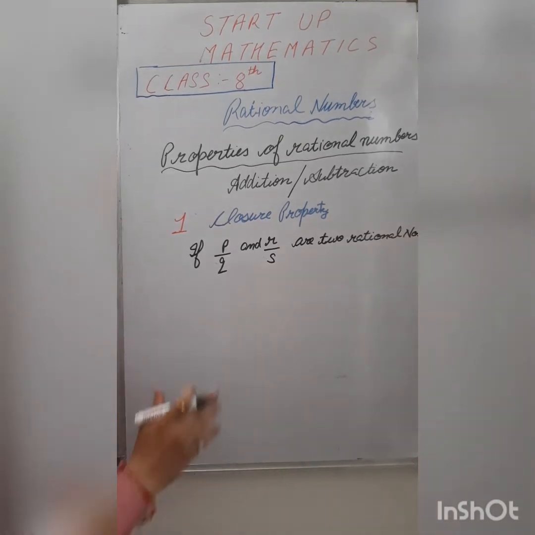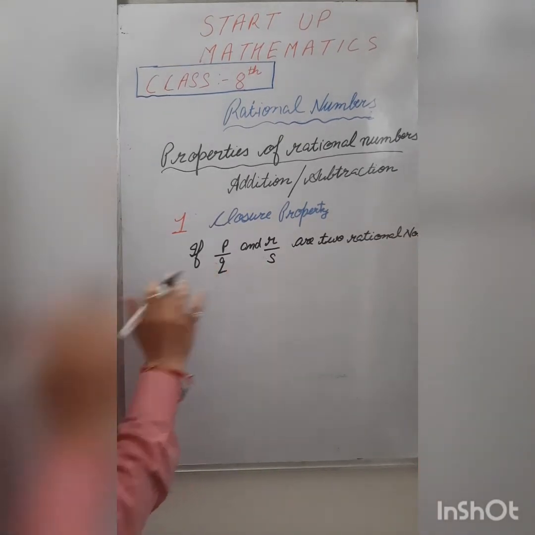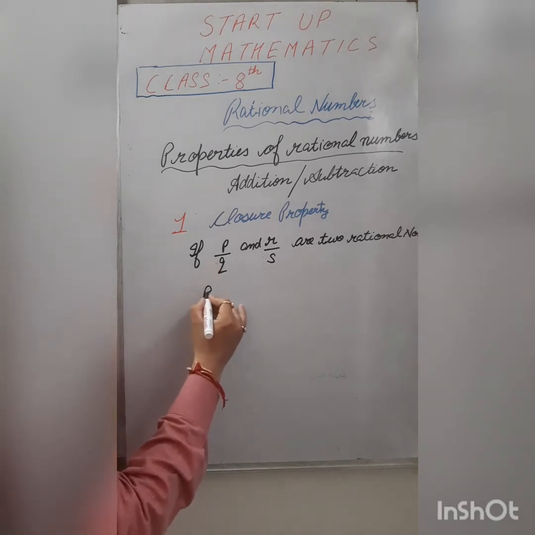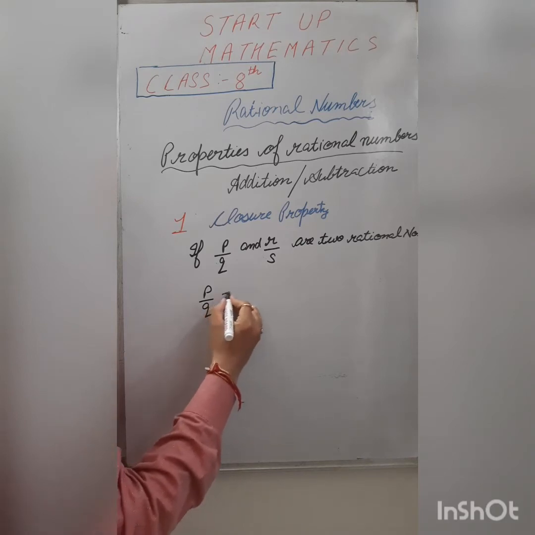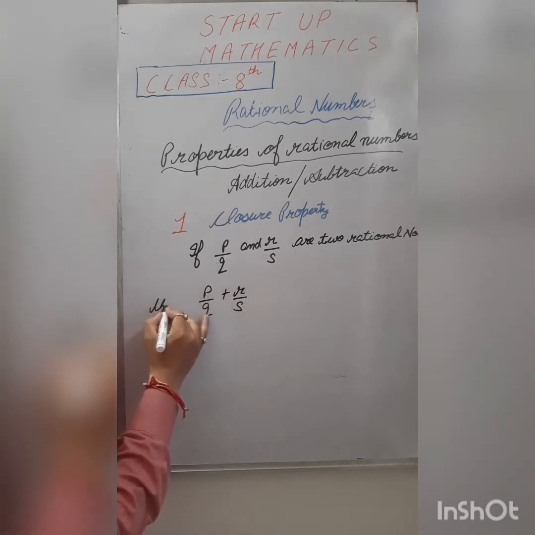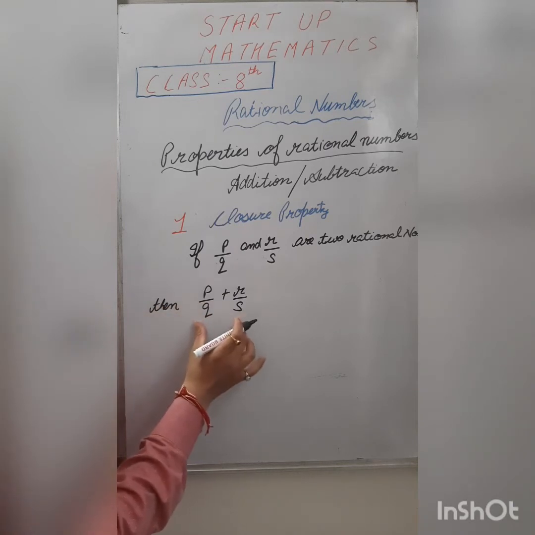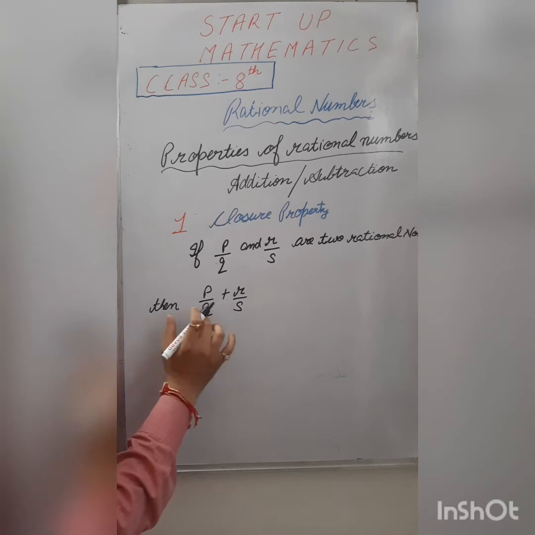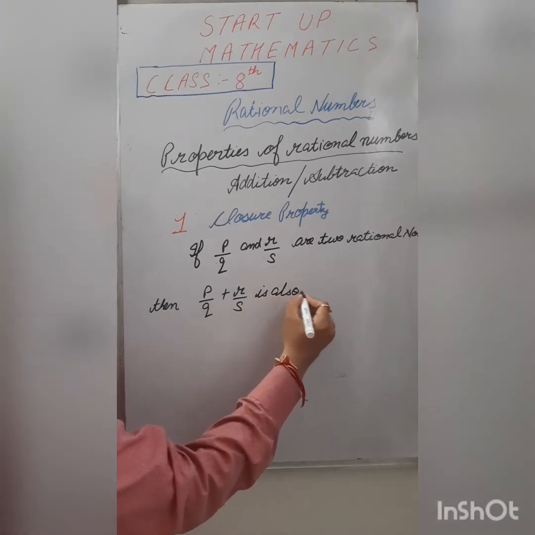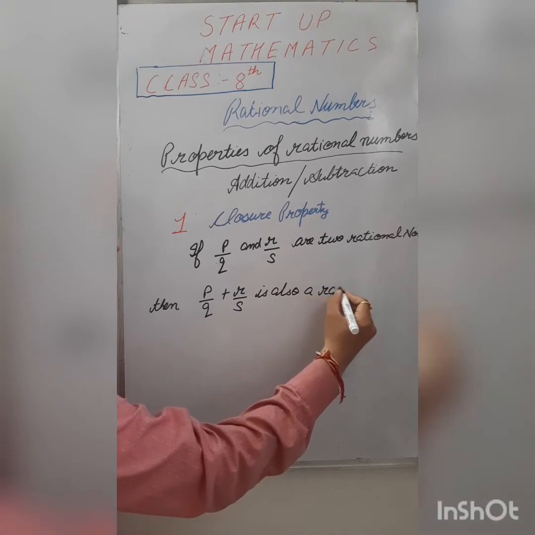When you add these two rational numbers, you will get a new rational number. If I add P by Q plus R by S, then this sum, means the addition of two rational numbers, is also a rational number.